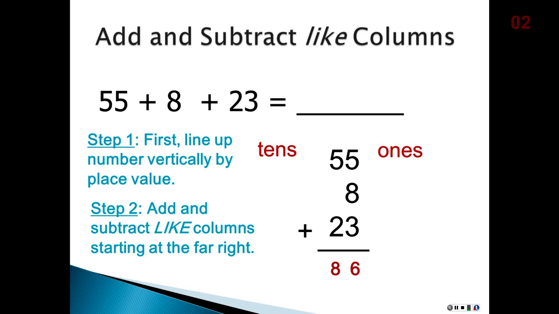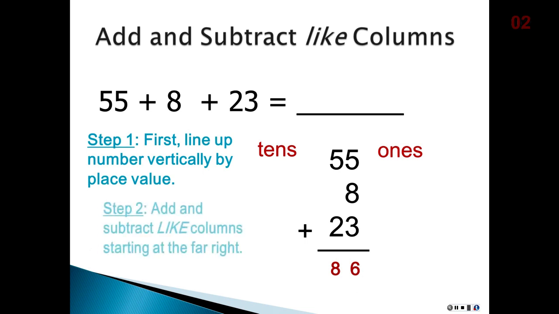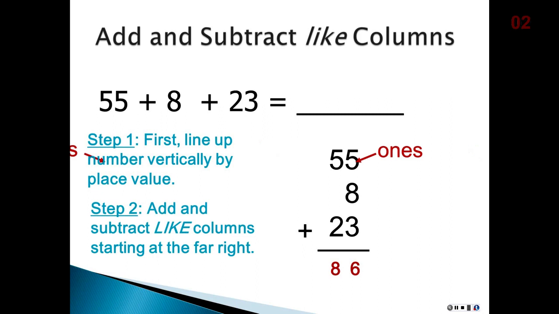You're going to line it up by the place values, so we have 55, 8, and 23 that we've lined up by the ones place. And then we just add the columns. We know that 5, 8, and 3 would be 16. We carry the 1. And then 5, 1, and 2 would be 8. You'll do the same thing with decimals. Add your 1s, then add your 10s.